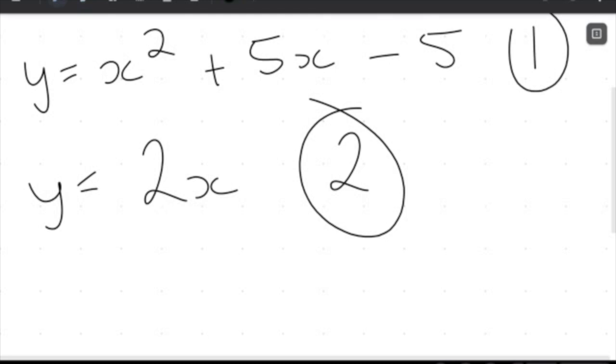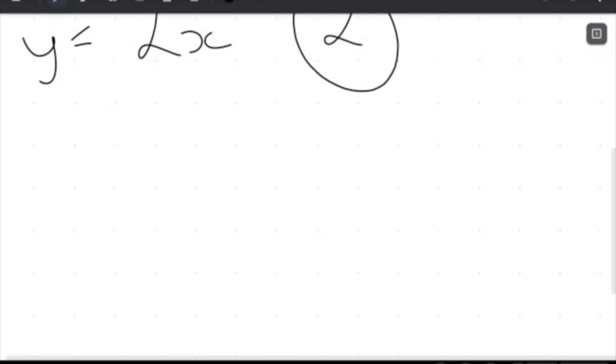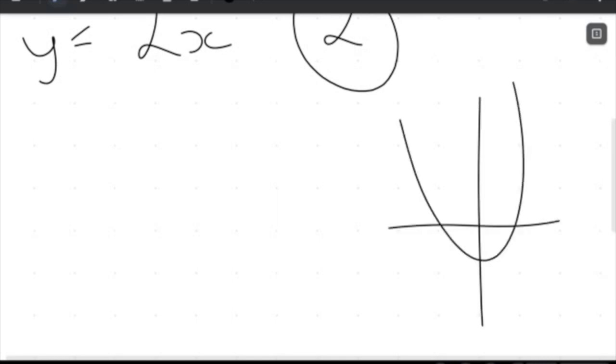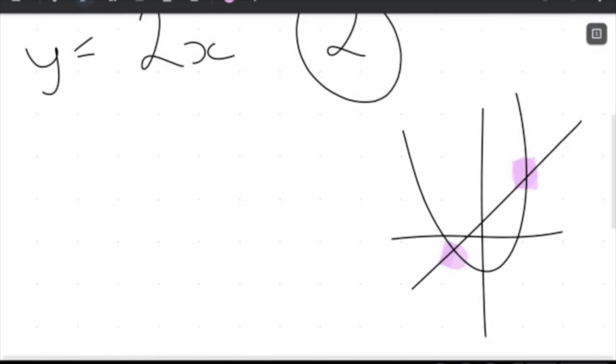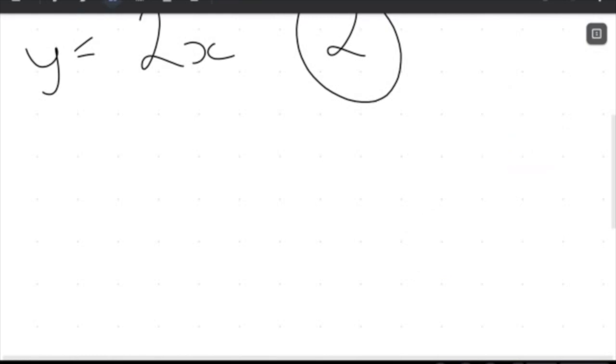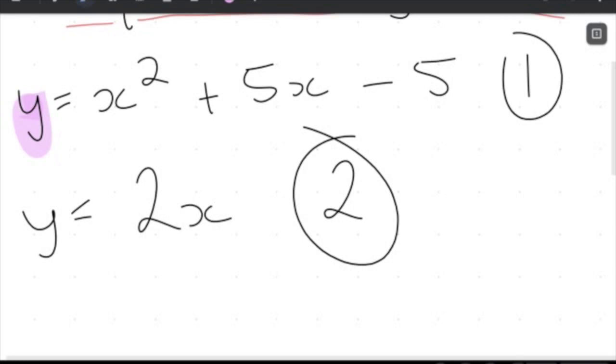Okay, now what we're going to do, since we have a parabola and a line, it can either intersect at 2 points, at 1 point, or at 0 points. But at any point where we do have some kind of intersection, our x values and y values are the same.